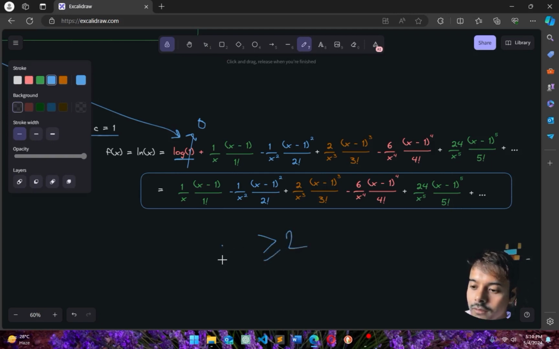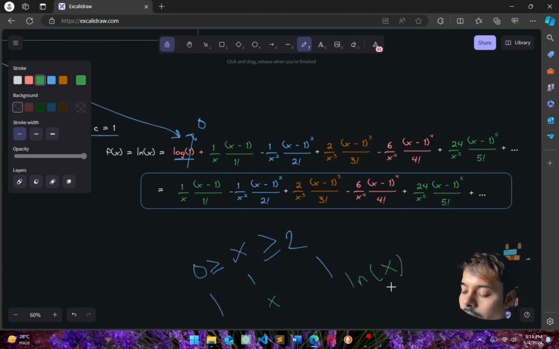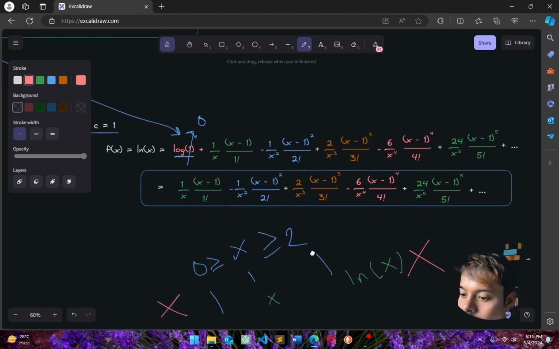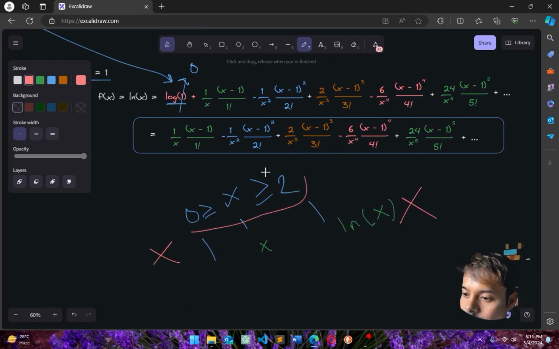So x must be between 0 and 2. Sorry. This is only valid under this constraint. Out of this range, our series for ln x will not converge. The series only converges under this condition.